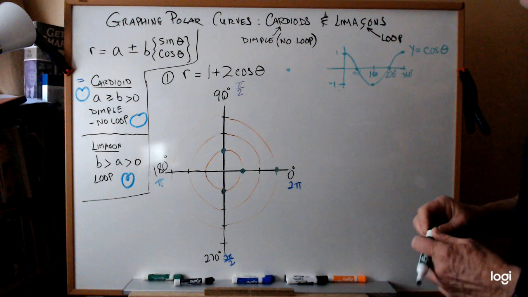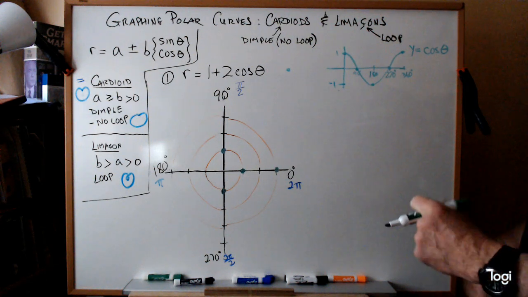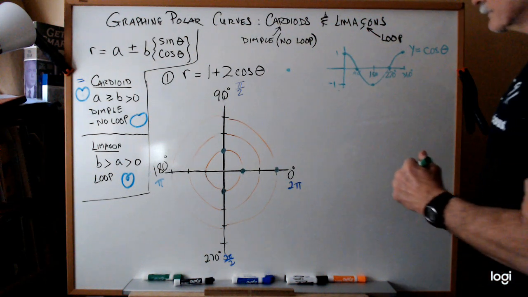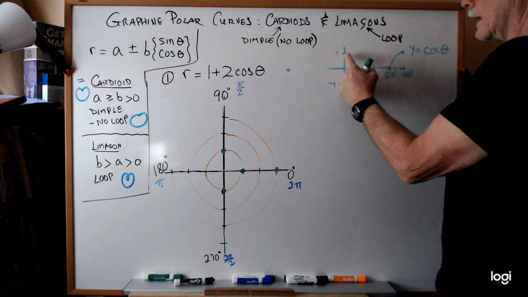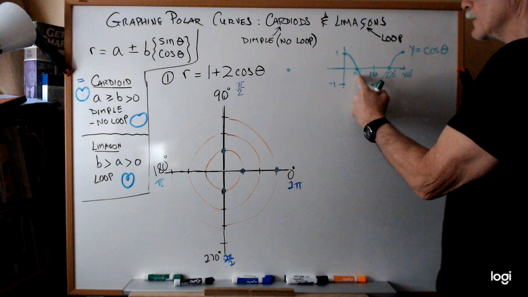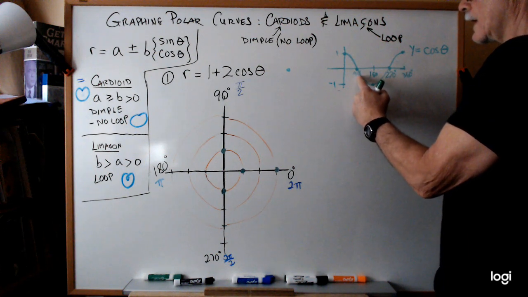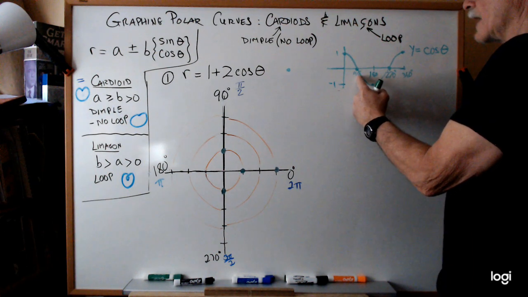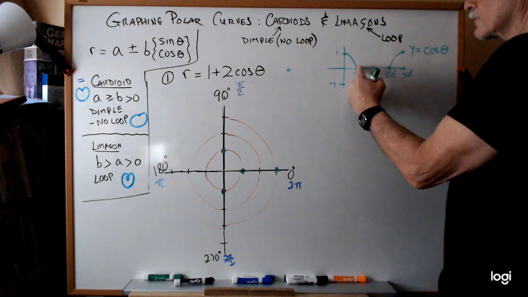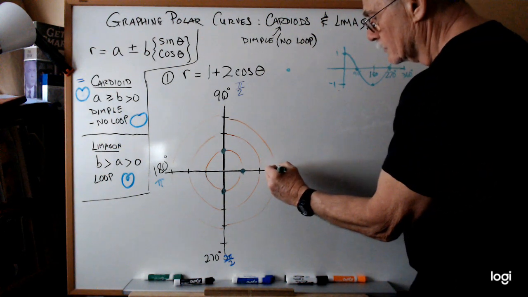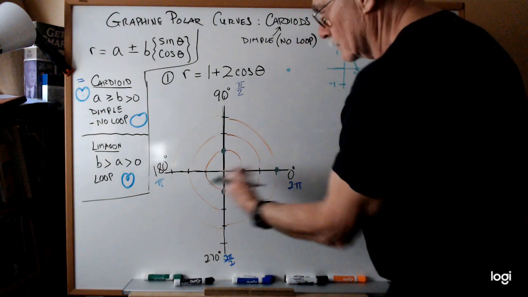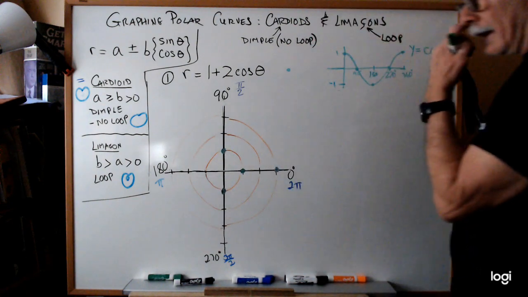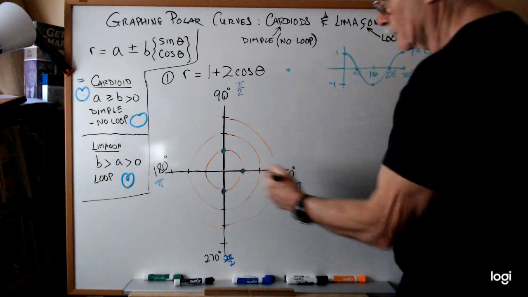Okay, so let's fill in the things in between now. Notice that cosine has a value of 1 at theta equals 0, and a value of 0 at pi over 2, or theta equals 90. And it's decreasing. So what's going to happen is the curve starts out a distance of 3. And notice these little circles here, radial, and they appear on that worksheet, so that should help you out a little bit.